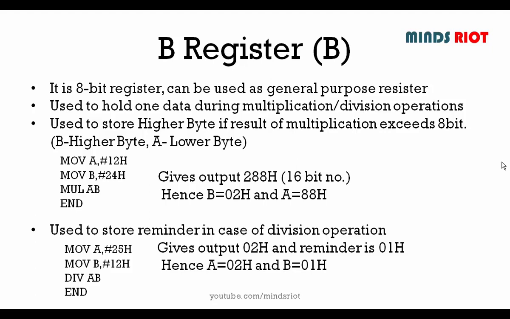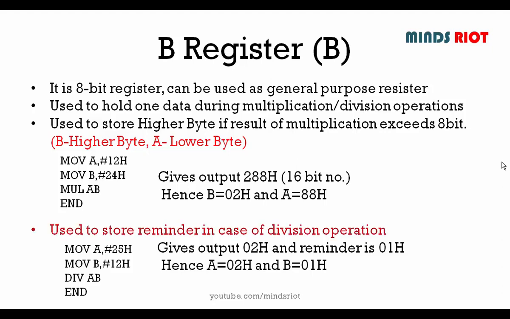This is the example: multiplication of two 8-bit numbers 12 and 24, which gives the result 288H, which is a 16-bit number. Then 88 goes into the accumulator and 02 into register B. During division operation, the result of division is stored into the accumulator and the remainder goes into register B.